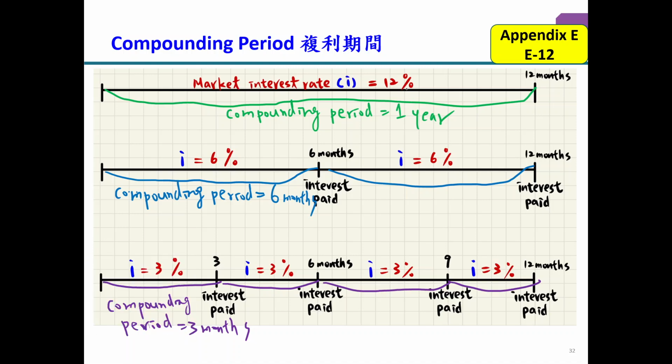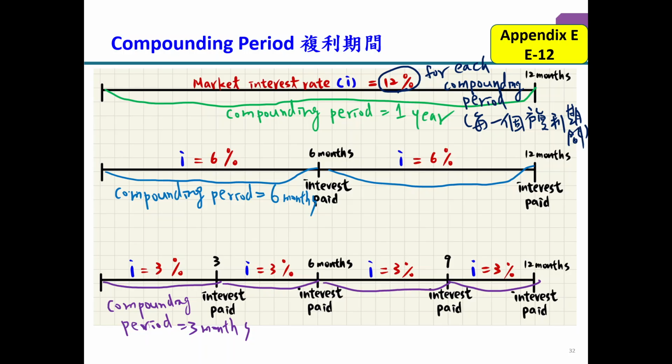So I is 12% for each compounding period, 每一个复利期间. So your I is 12% for the first case.